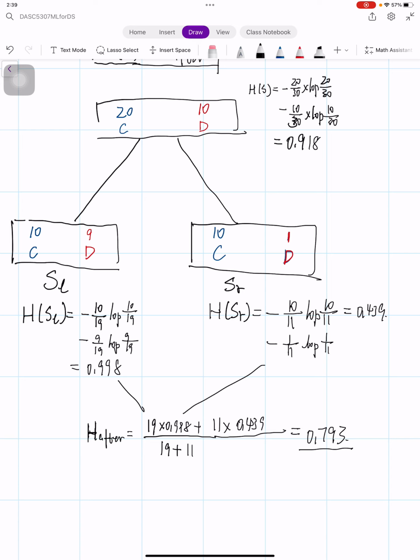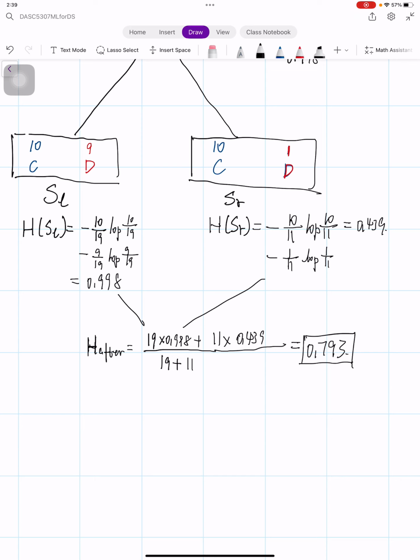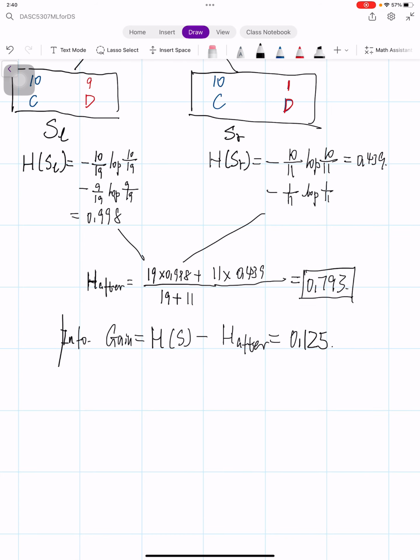So for this new split we have lower cost, and the information gain will equal H S minus H after, which equals 0.125. So after splitting our node, our tree will do better by 0.125.